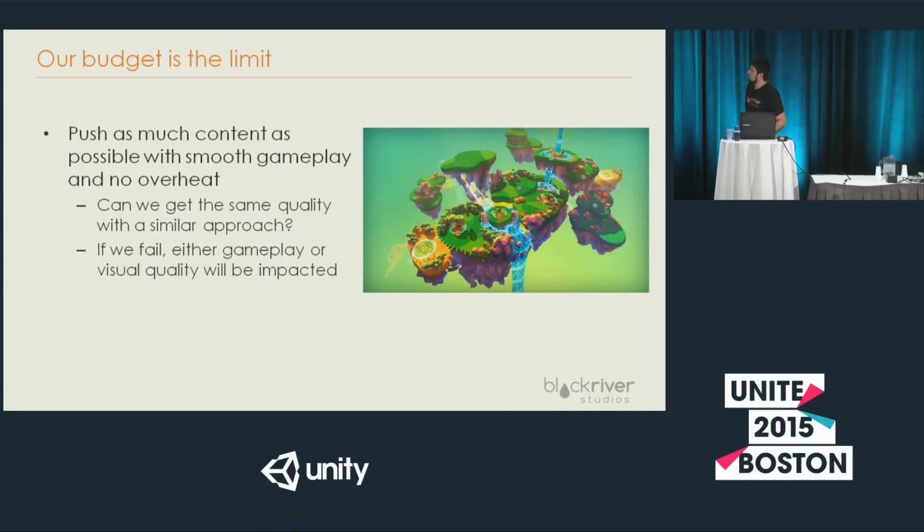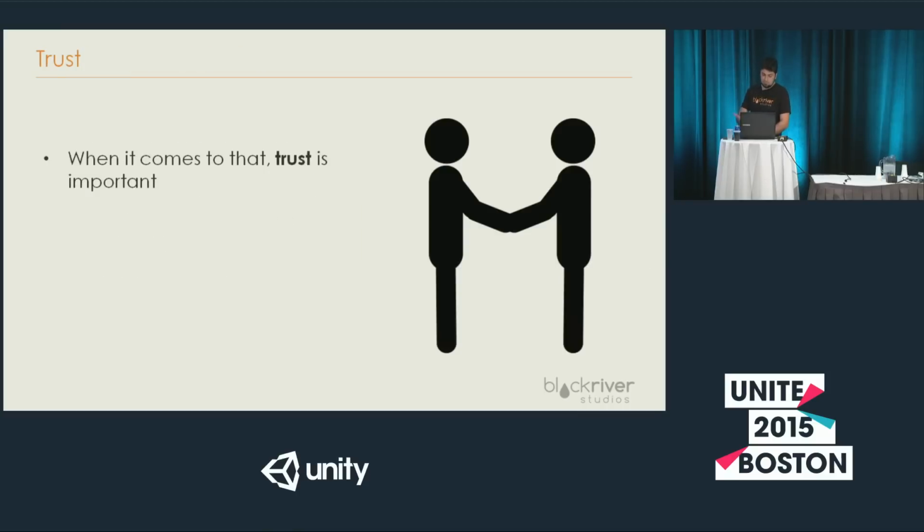And from my experience, it always goes to the visual quality. And I've done projects before where at the very end, we didn't hit our target, and we had to remove a lot of things. And when it comes to that case, it hurts because you worked so much to get that nice effect.